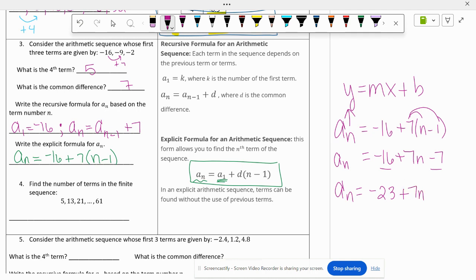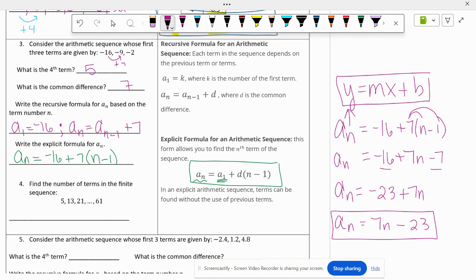Is this written in slope-intercept form? Really close. I just want to change the order. A of n equals 7n minus 23. This models this. We just did that by taking the explicit formula that we wrote, and we made it look like that.